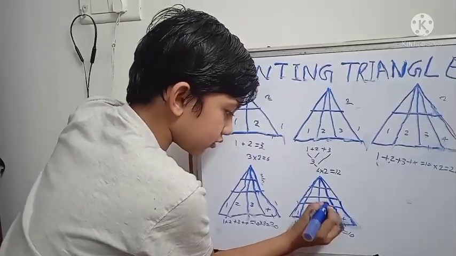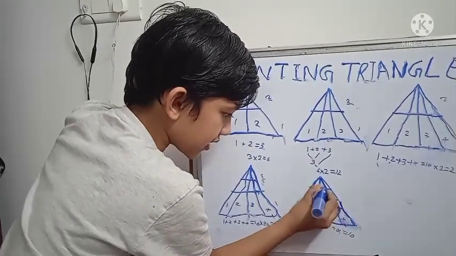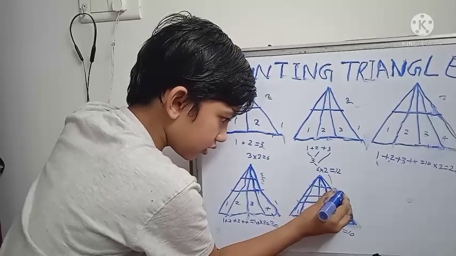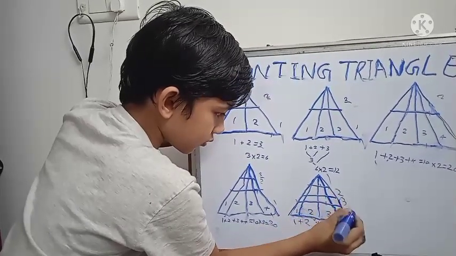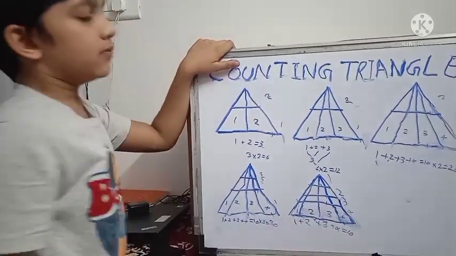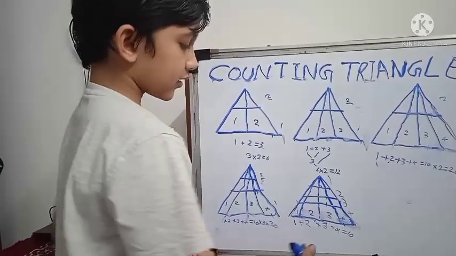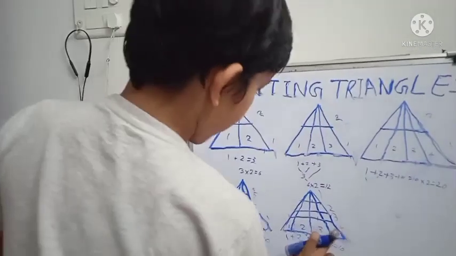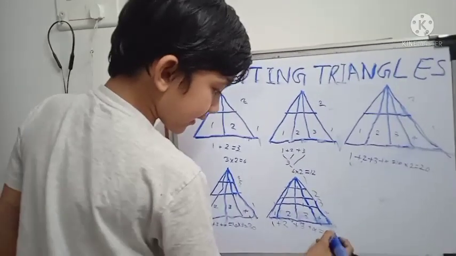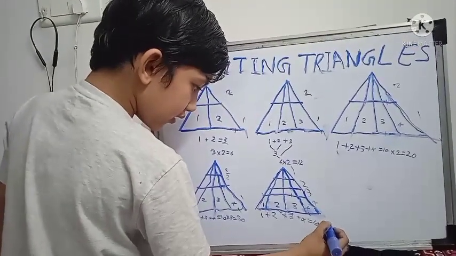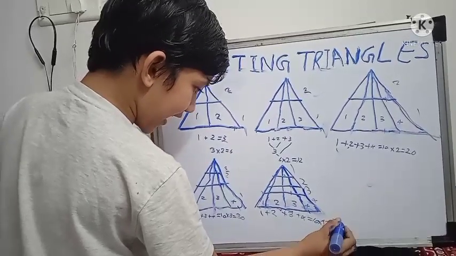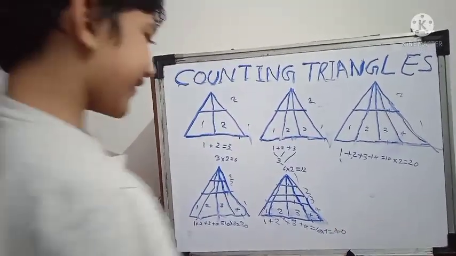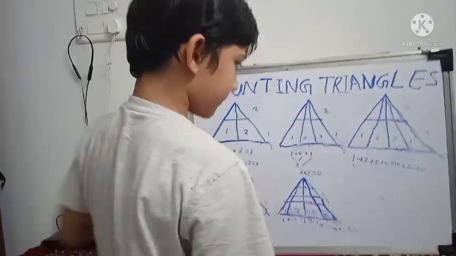It is 1, 2, 3 and 4. Now the highest number we have got is 4. So we will multiply the 10 with the 4, means it will come 40. Right? You guessed it. Right.